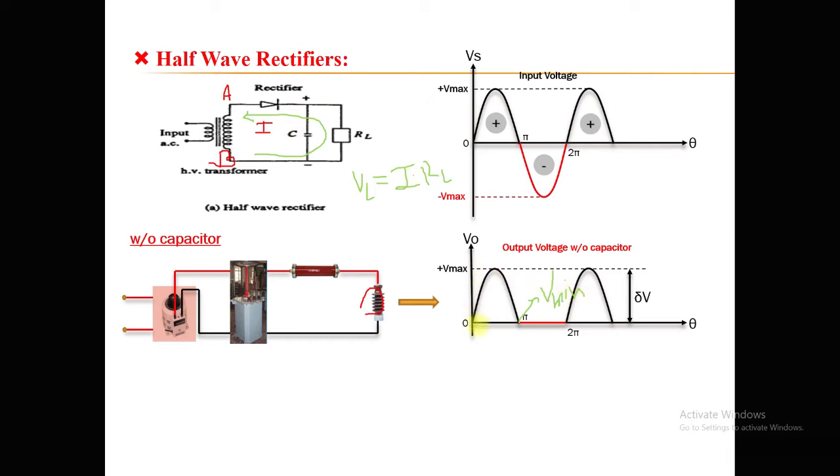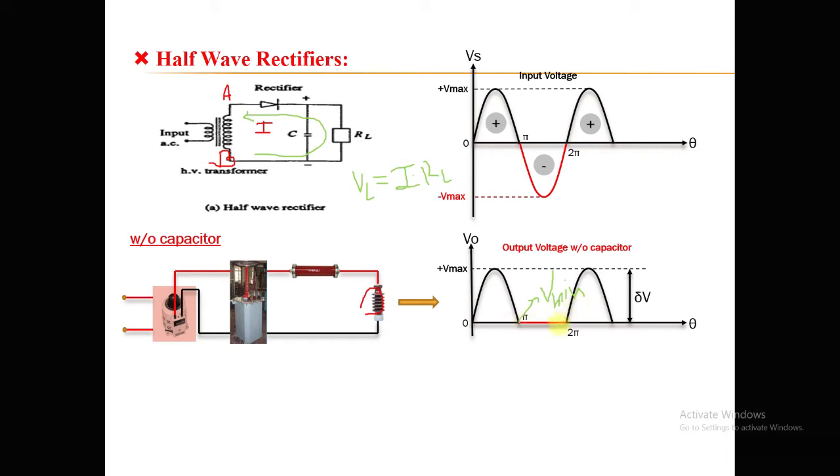So here you can see that my output voltage, when the capacitor filter is not connected, is oscillating between Vmax and Vmin, where Vmax is the maximum voltage supplied by the transformer during the positive half cycle, and Vmin represents the voltage available at the load side during the negative cycle of the input voltage. So Vmin in this case is 0.